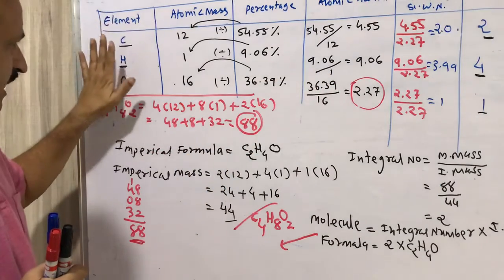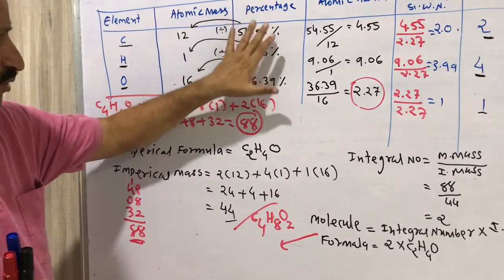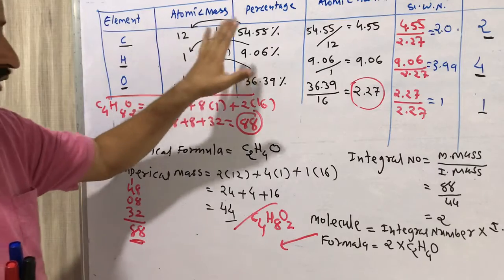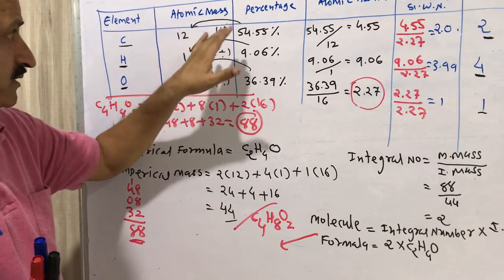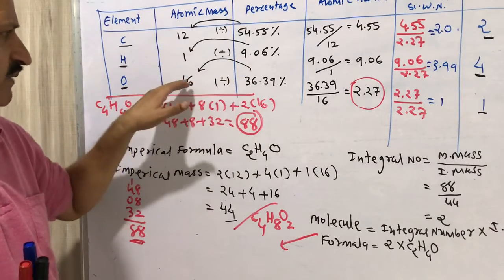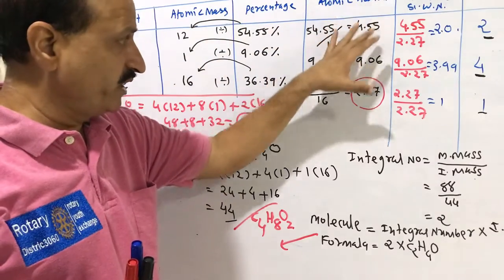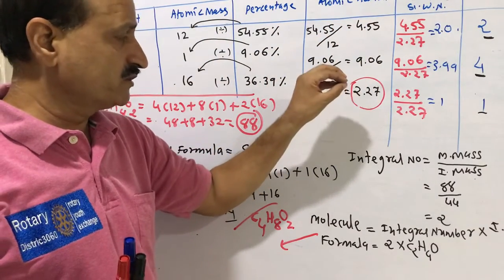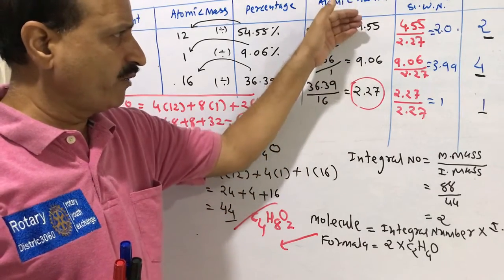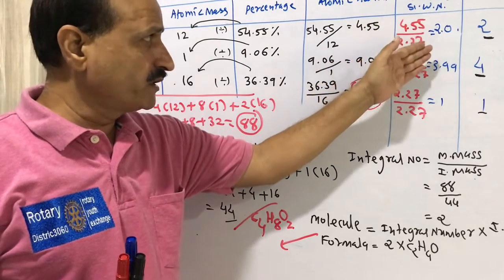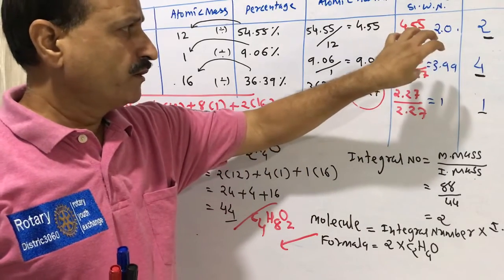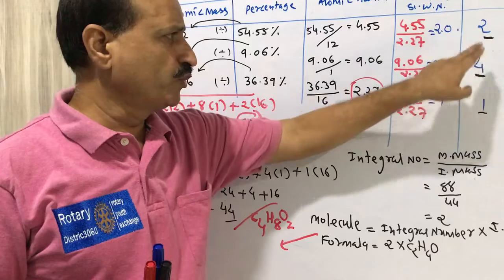You are given carbon, hydrogen, oxygen, you are given percentage of each, you already know the atomic mass of an element. Then you have to divide the percentage by atomic mass. You will find out 3 different values. You have to choose the smallest value. The smallest value will divide all 3 values. You will get another ratio, and then you have to choose the whole number, that will be 2, 4 and 1.